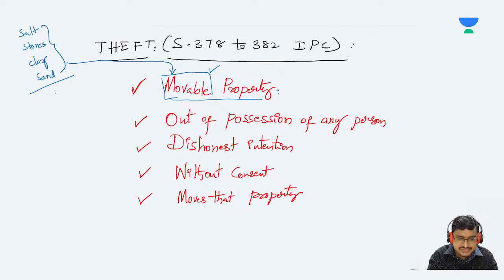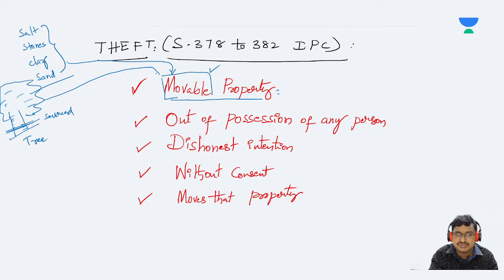Whereas in some other cases, there is a tree. Whenever it is severed from the earth, this tree becomes movable property.